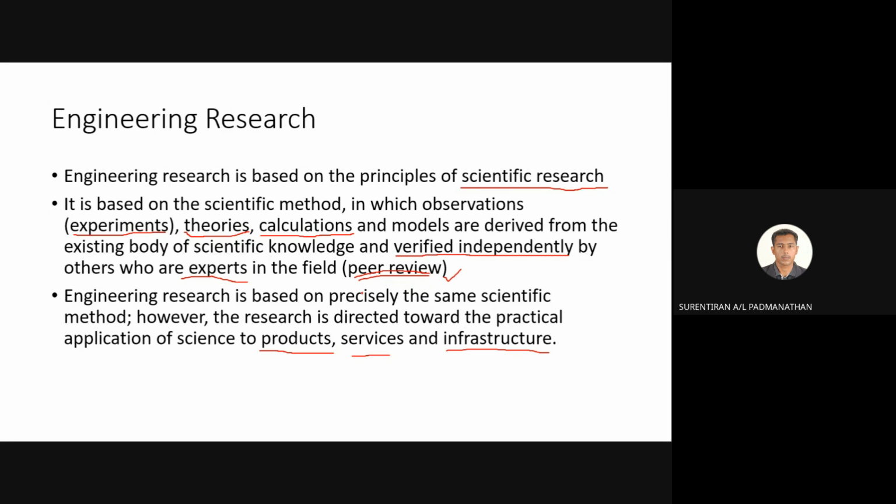They will decide by analyzing all the methods that you use and the results that you got, whether the result is correct or not, because the experts have to make sure whatever you publish will be used by other people. It can be used by the industries.